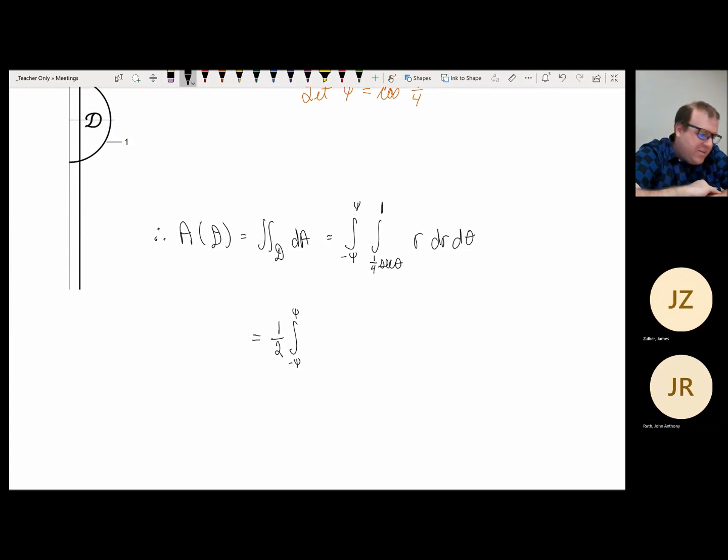R squared over 2, I'm just going to factor out that 1/2. So r squared from 1 to a quarter secant theta, and we get 1 minus a 16th secant squared theta.